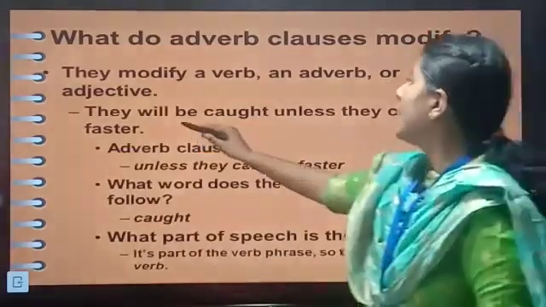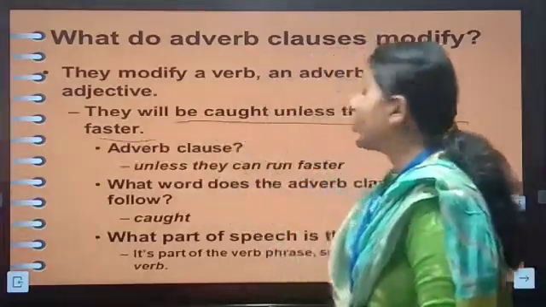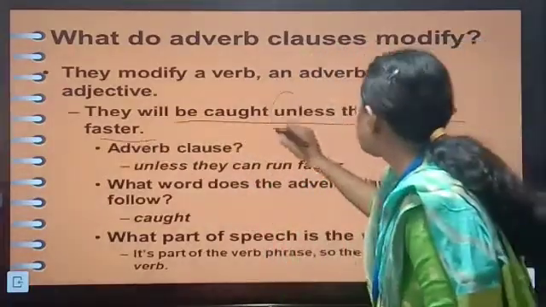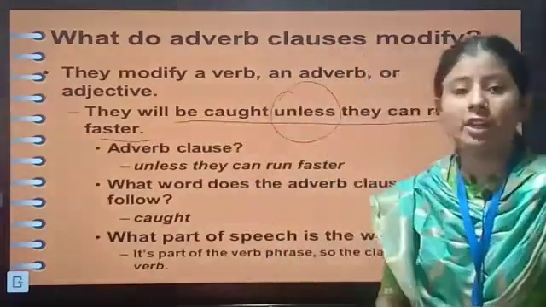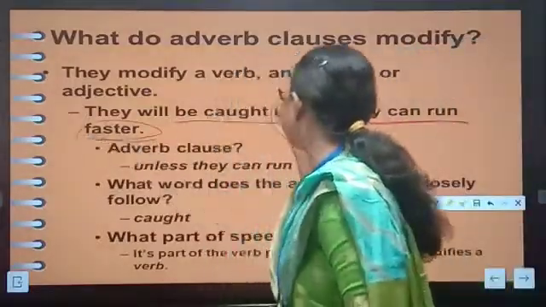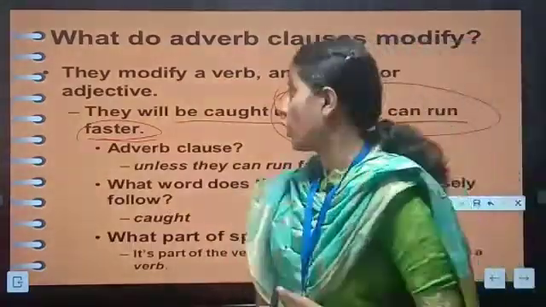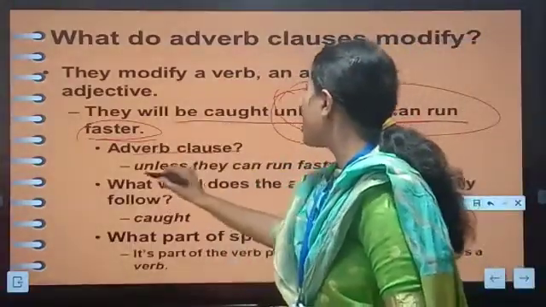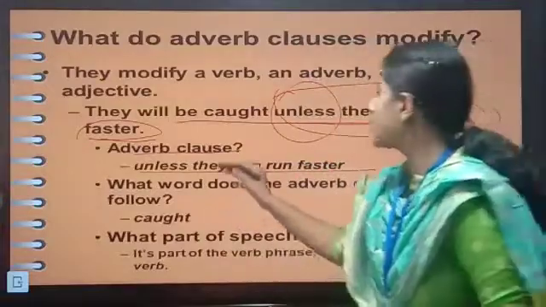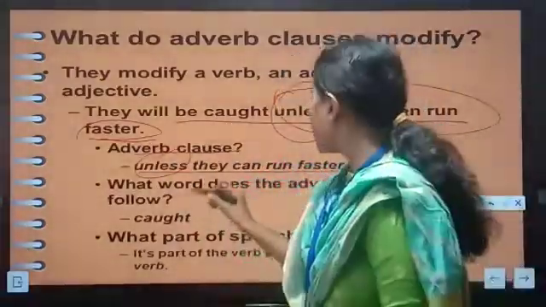They will be caught unless they can run fast. So here you can see that unless is the subordinating conjunction, and after this, this part will completely be called the adverb clause. What is the adverb clause? This is the adverb clause because unless is the subordinating conjunction.